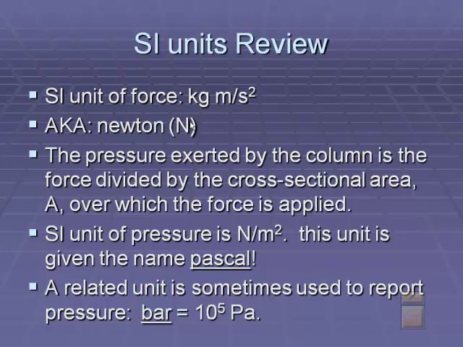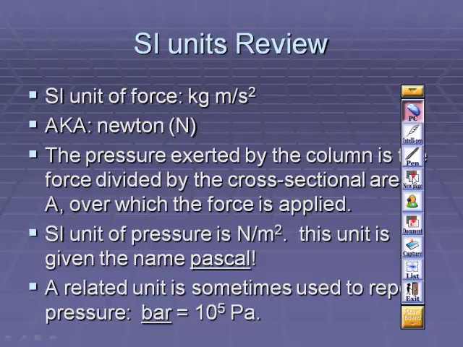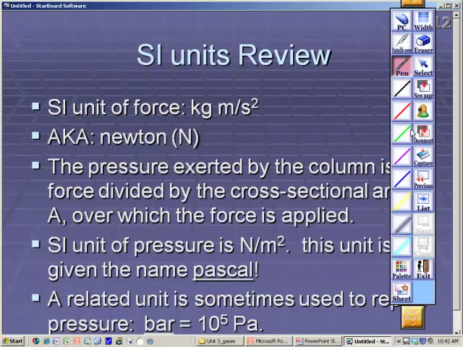So just remember, pressure is the amount of force over a certain amount of area. The SI unit for pressure is newtons per meter squared. But guys, you need to know this.